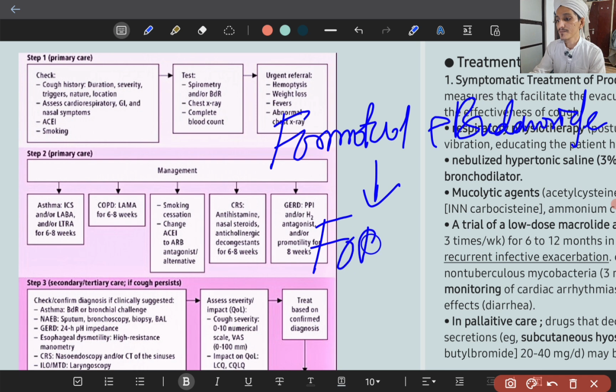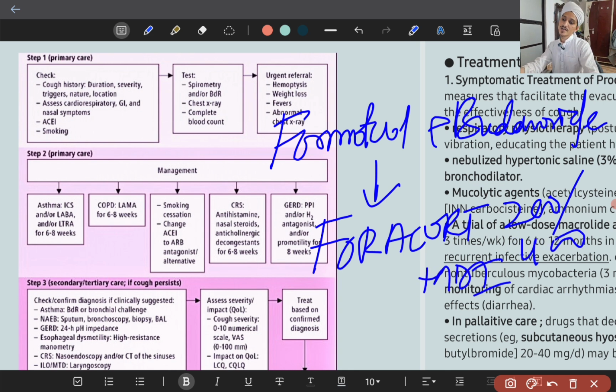This is the trade name, Foracort 200 or 400 based upon the dose, MDI. So what you will do, you will tell the patient to take this. Again, asthma is divided into controlled or uncontrolled, and also whether it is mild, moderate or severe.